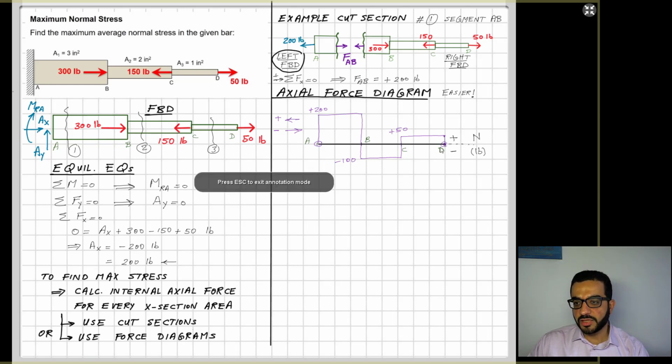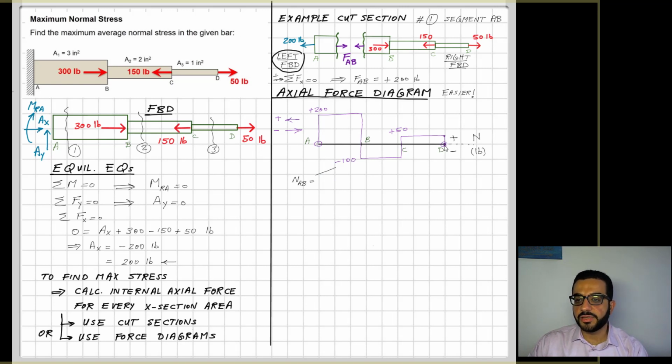You always hit 0 at the end. This is a checkpoint for you: if you don't hit 0, you messed up something along the length while drawing this diagram. Here I ended up with positive 50, and then this 50 pound is in the negative direction. That brings me to the 0 point in the diagram.